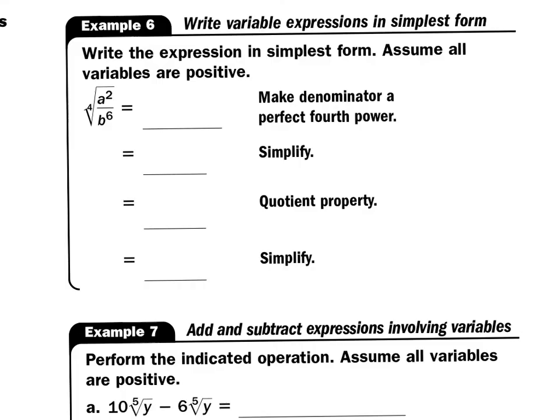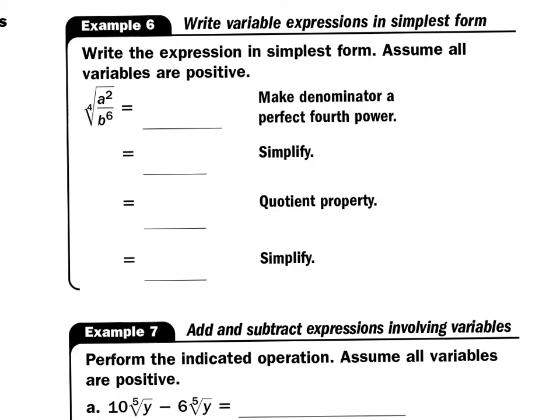Okay. Write the variables in simplest form. So we need to get rid of the 4th radical on the bottom. And then how can I do that? Well, if I multiply it by a b squared, do you see that I'll have a b to the 12th, and that's a perfect radical?